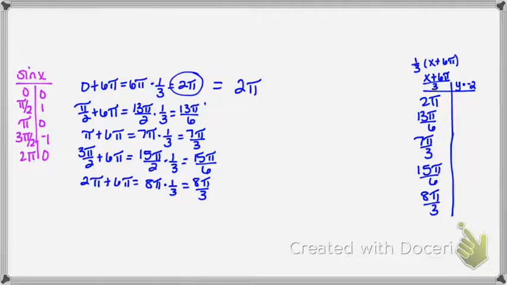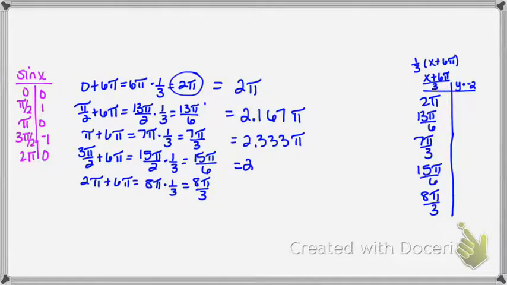All right, then we have 13 over 6, which is like 2.17, so it's 2.167, let's say, pi. Then we have 7 over 3, which is 2.333 pi. We have 15 over 6, which is 2.5.